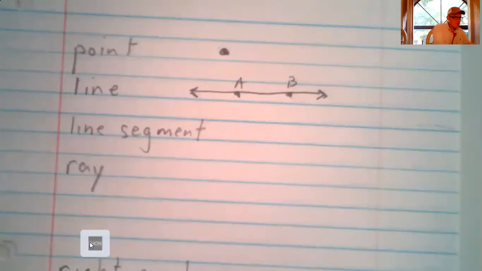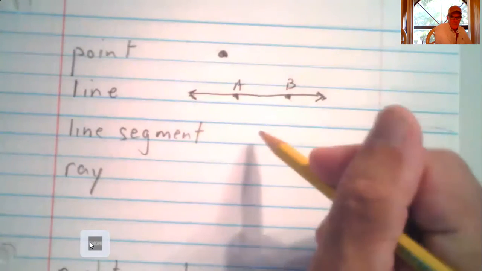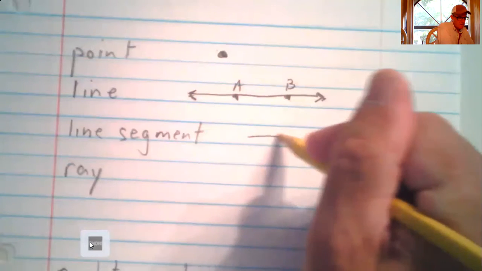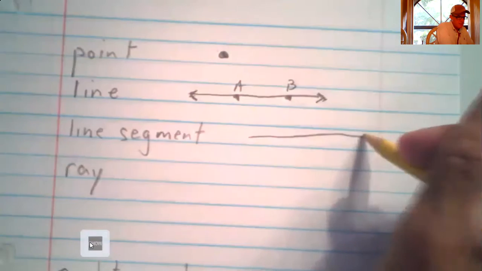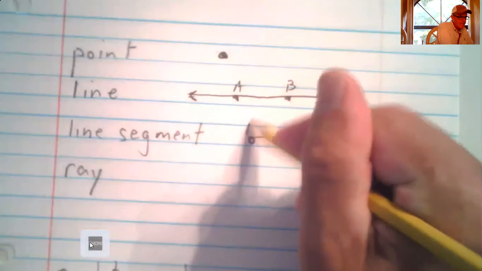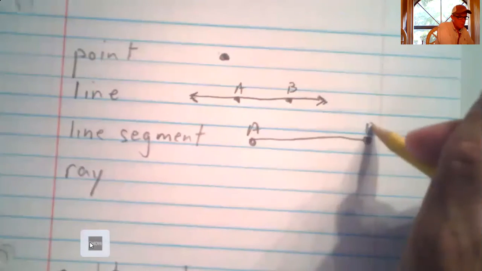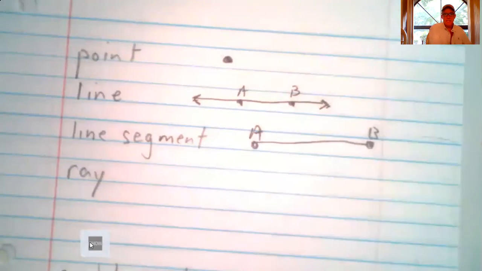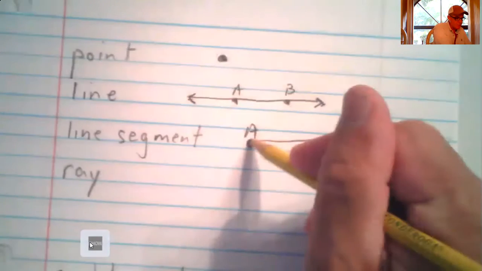Okay, now we have line segments. Right here and here. Let's call this point A, this point B as well. Now a line segment has a start and a stop point.